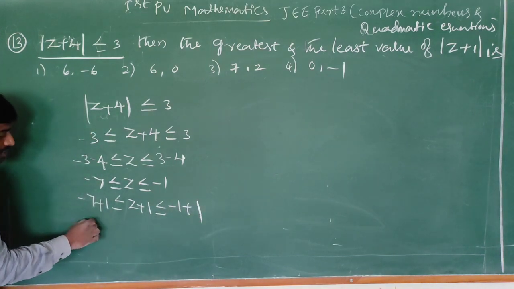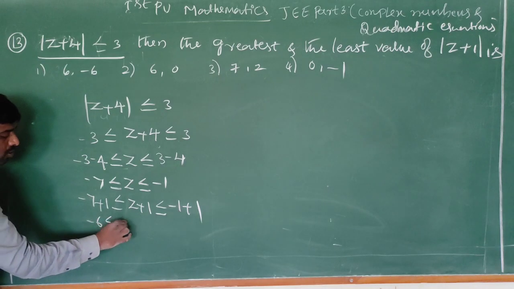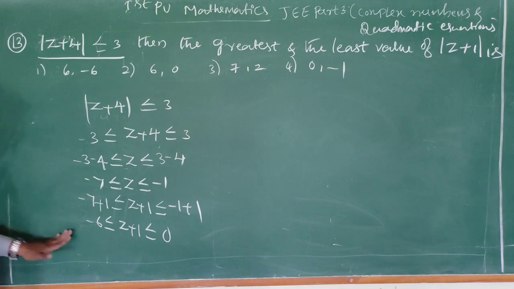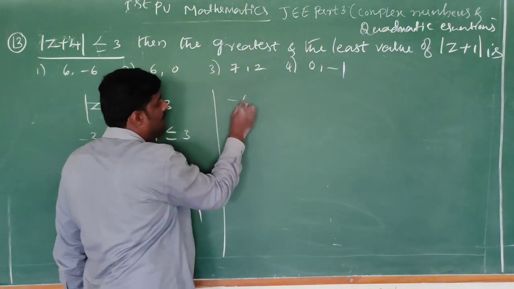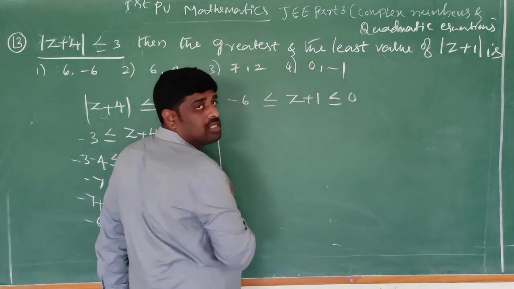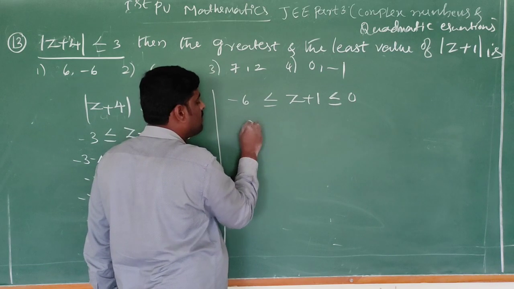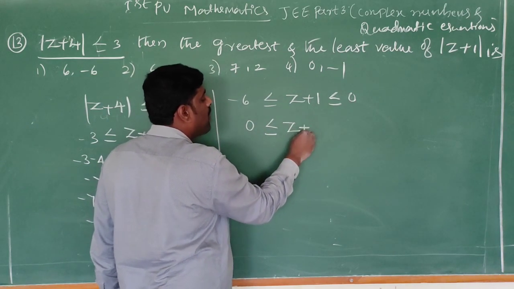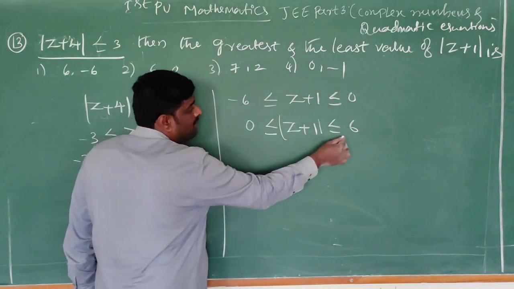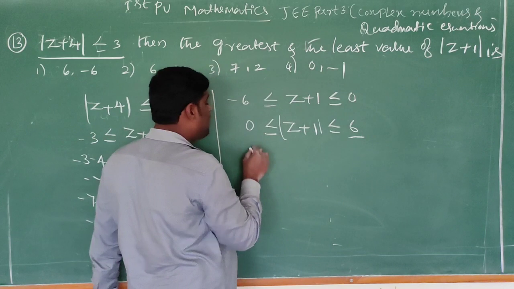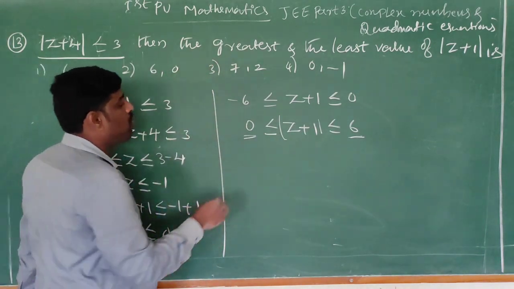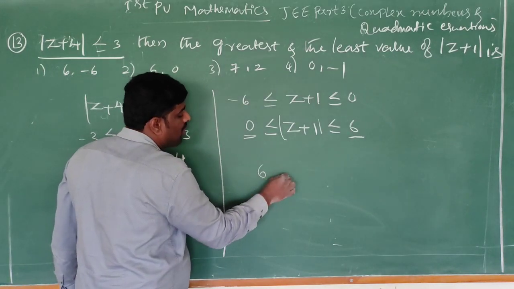Minus 7 plus 1 is minus 6, less than or equal to z plus 1 less than or equal to 0. This can be written as 0 less than or equal to modulus of z plus 1 less than or equal to 6. Now the greatest value is 6, the least value is 0. The greatest and the least value of modulus of z plus 1 is 6 comma 0.